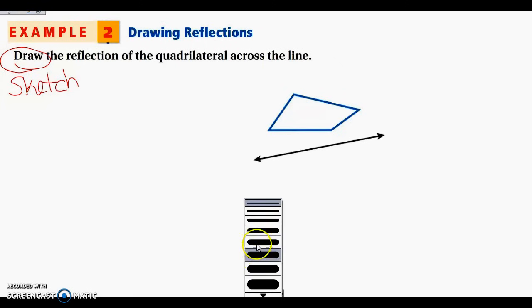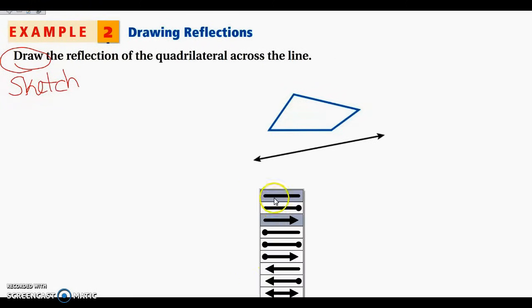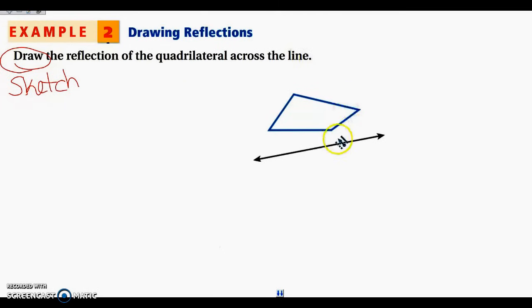I am going to pick a point, and getting my tools set up here. Okay, so I'm going to start with this closest one. I want to draw a line that's perpendicular to this black line of reflection. And I want to try to draw it so this length is about the same as that length. So I'm going to put a point here.